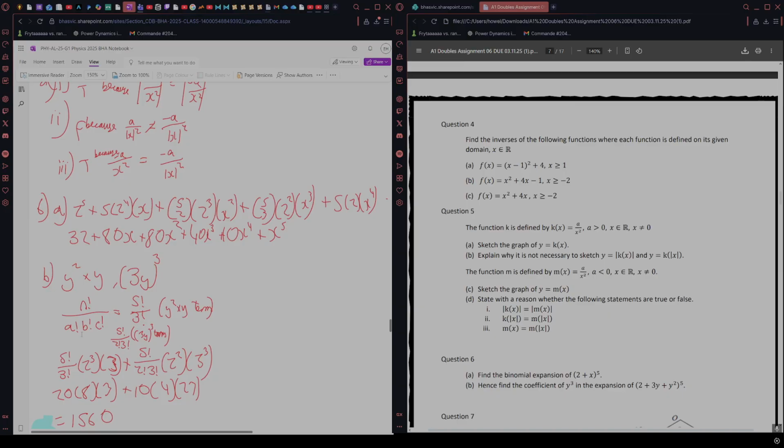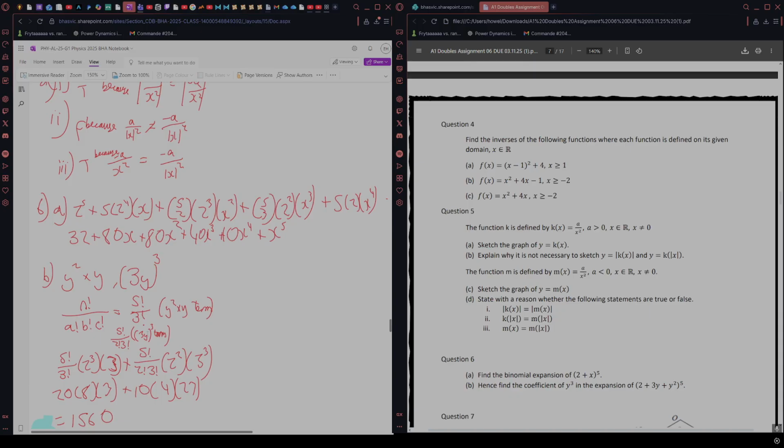We want 1y squared, we want 1y, and we want 3 2's, because that's the other thing. We don't want any other y squareds or y's, we just want 2's. So it's going to be 5 factorial over 3 factorial, 1 factorial, 1 factorial. But 1 factorial is just 1, so we can cancel it.